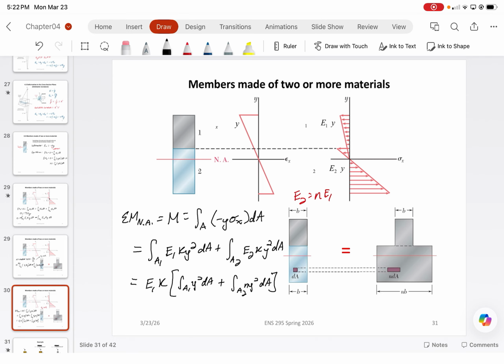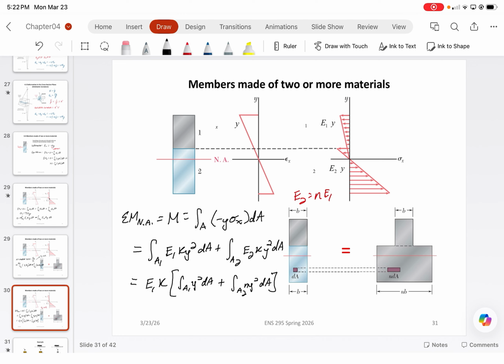What does it look like? I'll give you a hint, it's from statics. It's just that the second term is a little bit confusing. Yeah, is that moment of inertia? Exactly.